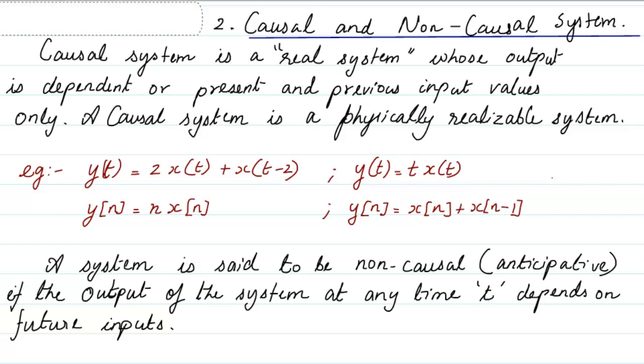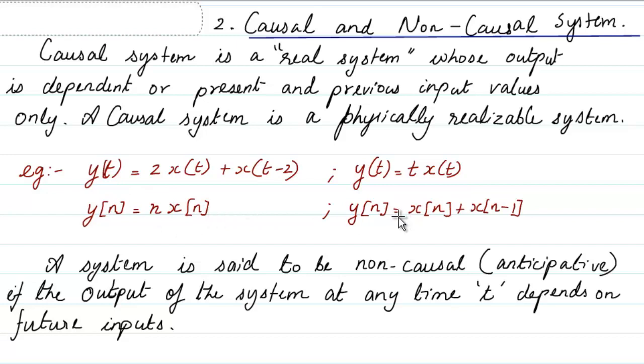A causal system is a physically realizable system. That means practically you can design a causal system. The examples you can see here, all of them are either dependent on the present values or on the previous values, or both of them together. Same is the case here.